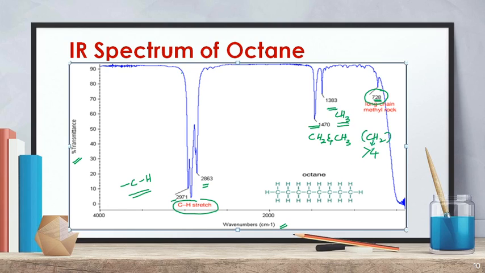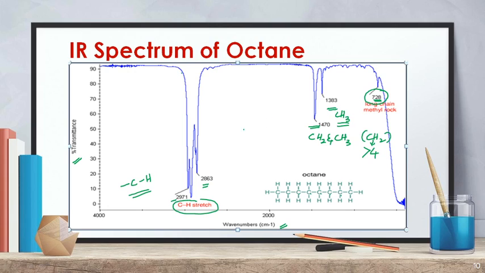So more than 4, then you will have this peak, that is the 728 peak. So count the number of methylene units here: 1, 2, 3, 4, 5 and 6. So more than 4 is present, right? So that's why octane is supposed to give the 726 peak.